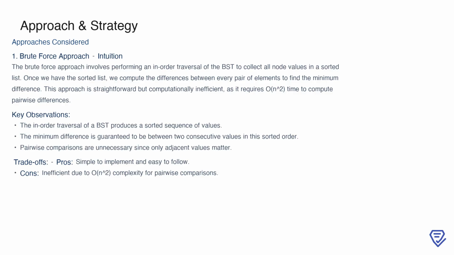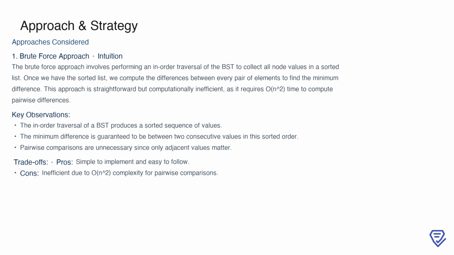However, there's an important observation: because the values are sorted, the minimum difference is guaranteed to occur between two consecutive values. This means pairwise comparisons across the entire list are redundant. While this approach is simple and easy to implement, it is computationally expensive due to the O(n²) complexity of calculating all pairwise differences.